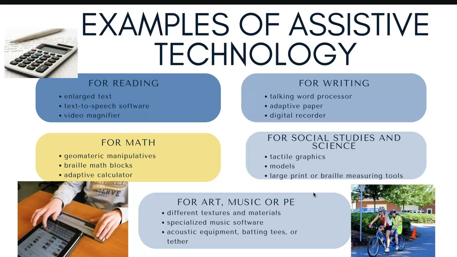For students who are visually impaired, you can have acoustic equipment, like a ball that makes a sound, or if you have a team game, putting a bell on students' jerseys, or a tether for activities that involve running, things like that. So there's a lot there that you can do to include everyone.